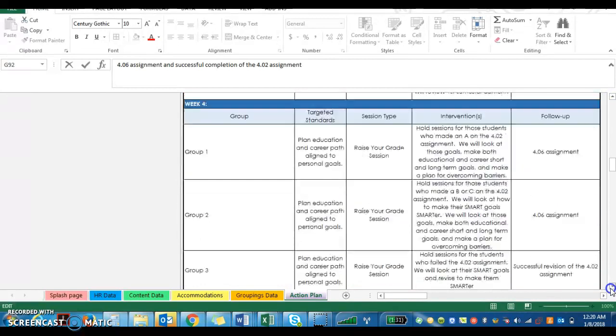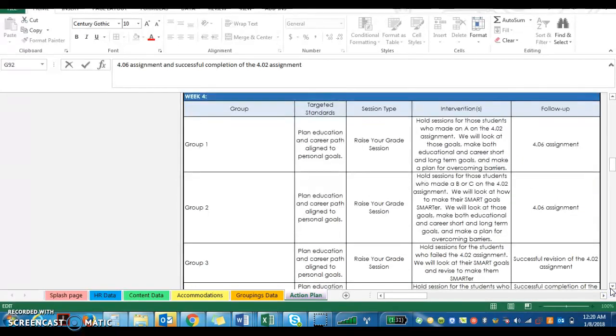And then week 4, my 1 and 2 groups are going to be working on the 4.06 assignment. And I'm going to call those in Group A who made an A on the 4.02 assignment, because those students are ready to go on to the 4.06 assignment, so we're going to be working on that.